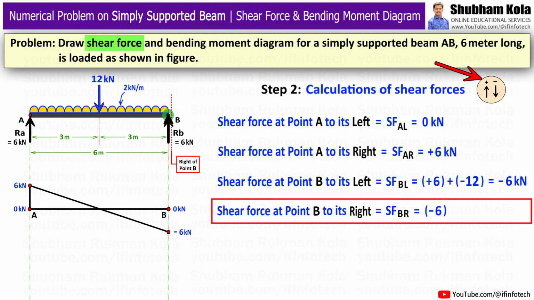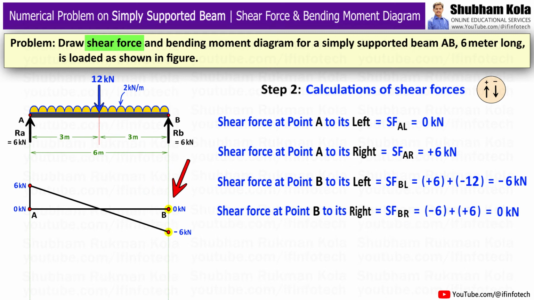So as per the sign convention, I will consider upward forces as positive. So I will add this upward force with positive sign. So here minus 6 kN plus 6 kN gives me the value of shear force as 0 kN. So I will mark this point on the reference line and I will connect these 2 points with a vertical line.